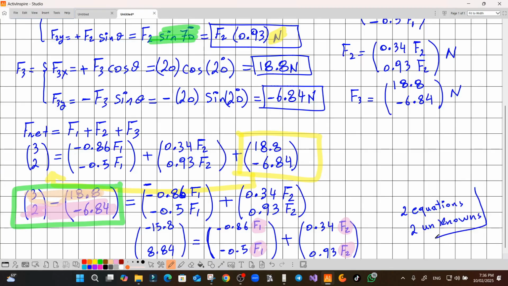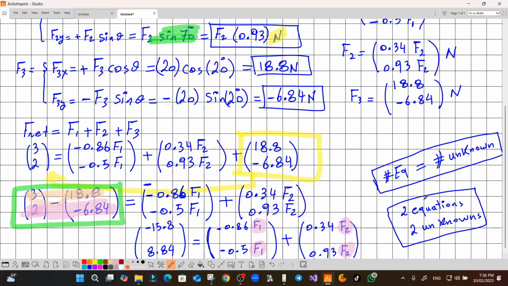In case the number of the unknowns is equal to the number of equations, then we can solve it using the simultaneous solution.